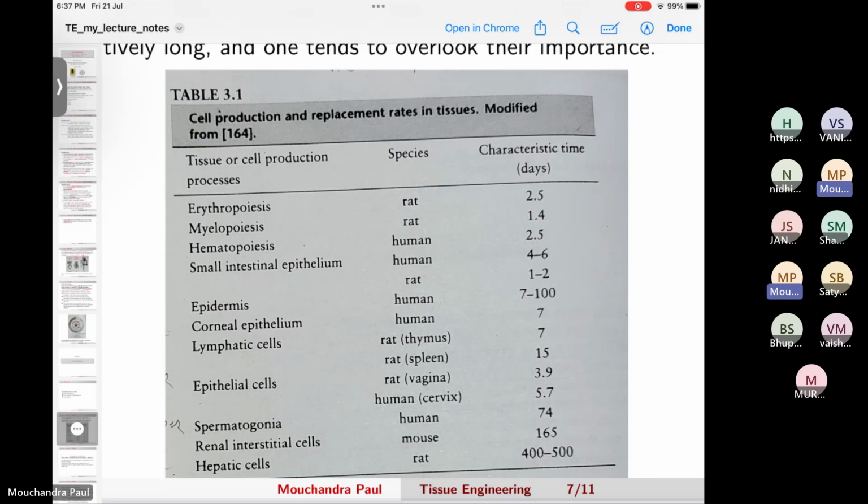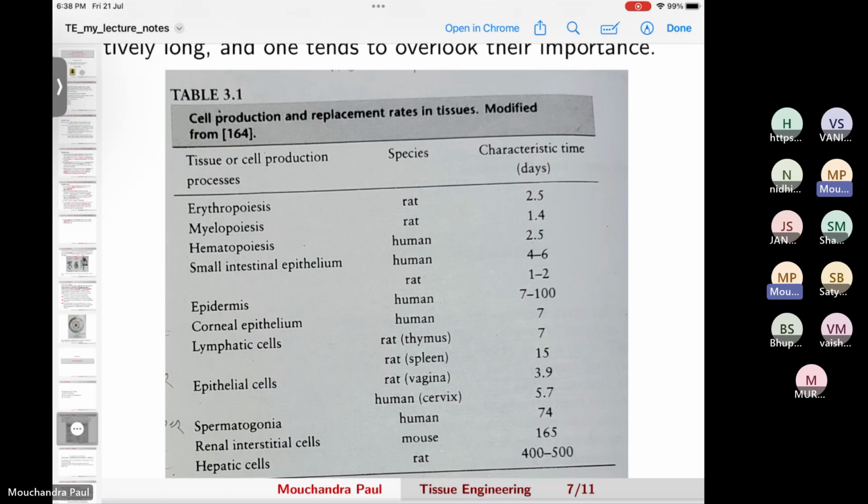They have not given it for human. If you see the formation of the small intestine epithelium, the rate at which it forms in human and rat is completely different. In human, it takes at least 4 to 6 days for an entire new epithelial layer to form and the old epithelial lining to be removed, whereas in rat it takes only 1 to 2 days.